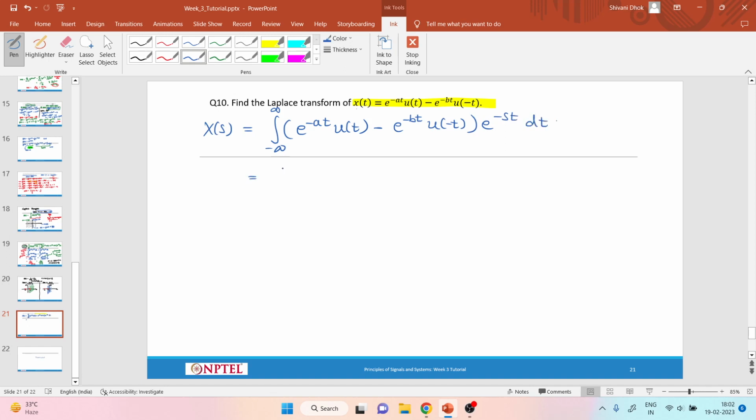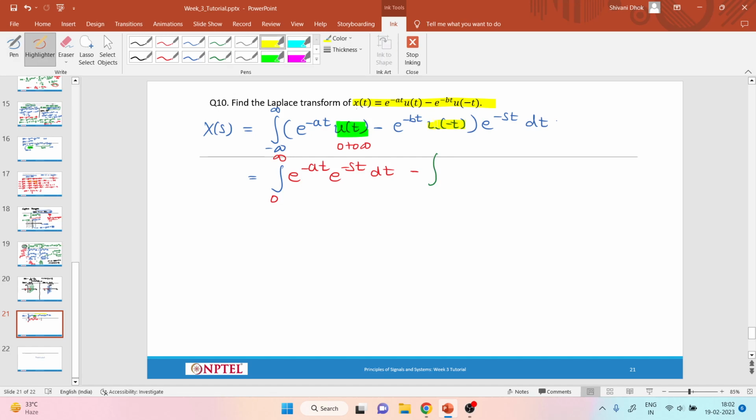Now I'll separate out these integrals, making use of the unit step function. The first unit step makes the limits run from 0 to infinity, so I can remove the unit step: integral from 0 to infinity of e power minus at into e power minus st dt, and minus the second integral.